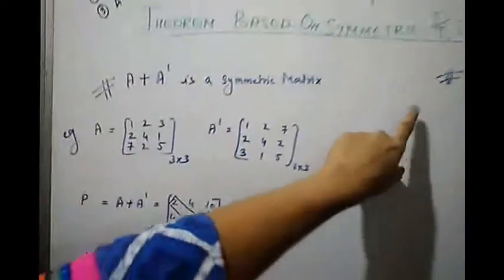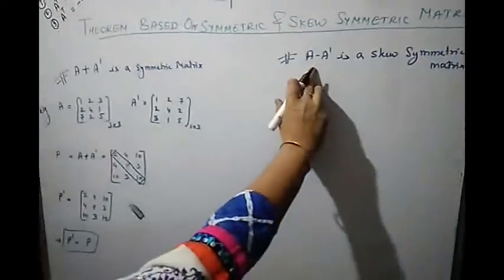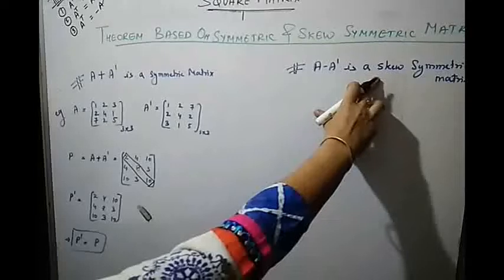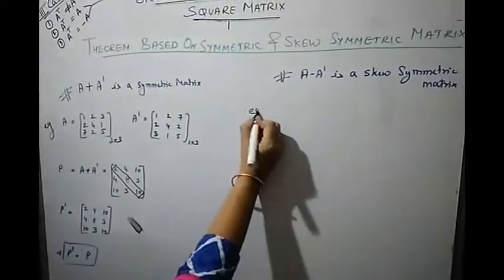Moving over to the second property, A minus A transpose is a skew symmetric matrix. Let us see this.